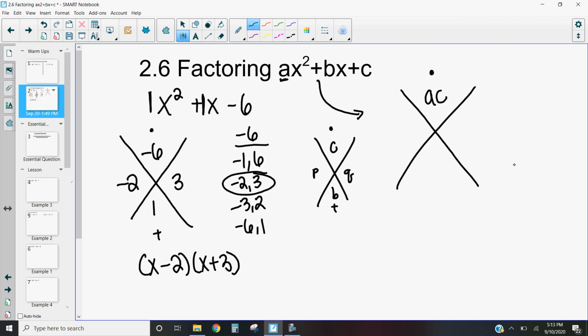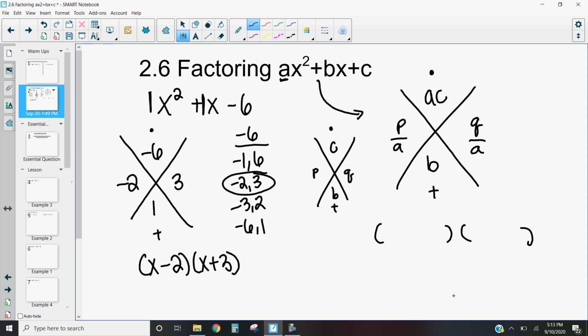We multiply c by a, and then I want to find what factors of that add to give me my b. As I find those factors, which we like to call p and q, because I multiplied everything by a, those factors are a times too large. So I need to divide those factors by a. As I divide those factors by a, these fractions will simplify, and I'll end up getting my factored form of this polynomial.